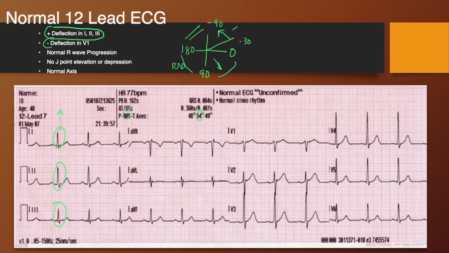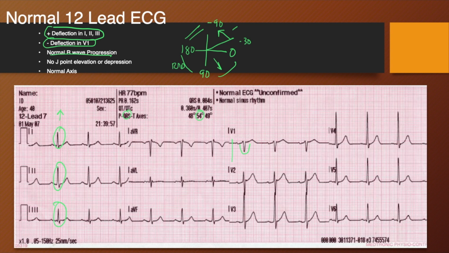We should also see negatively deflected QRS complexes in V1. You see I have a V1 here, and the QRS complex is downward deflecting. I should have normal R wave progression throughout the precordial leads. Your R wave will start off small, and the QRS complexes will deflect negatively.